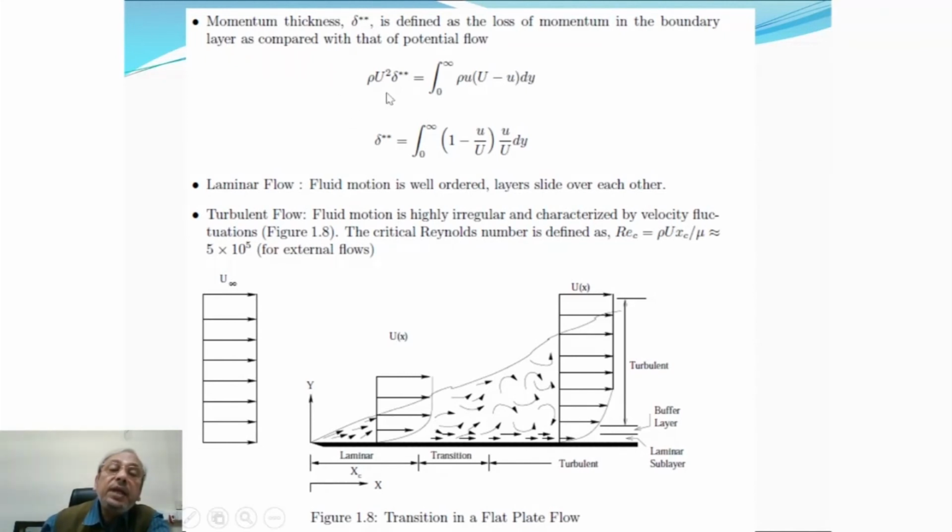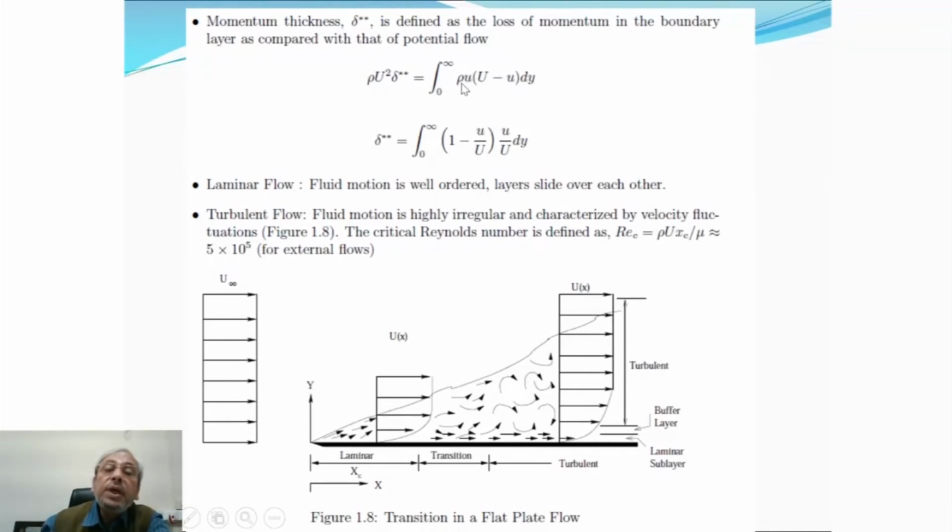This is a conceptual thickness, so to say, but you can understand what it is. We can write rho uppercase U square delta double star, and it is basically the integration of the velocity deficit within the boundary layer, uppercase U minus lowercase u, multiplied by the mass, that is rho into the local u.